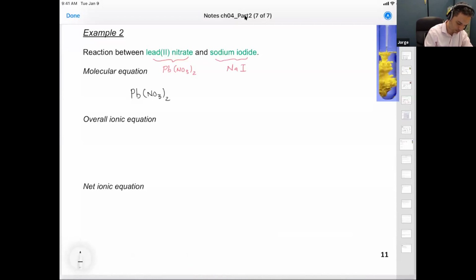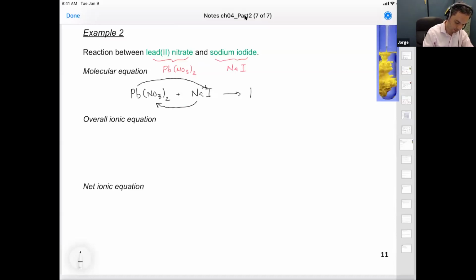PbNO3 reacting with sodium iodide, that's going to produce two salts, okay? So this is a double exchange reaction. Always the first one is going to combine with the second one here, and the first one here with the second one over there.